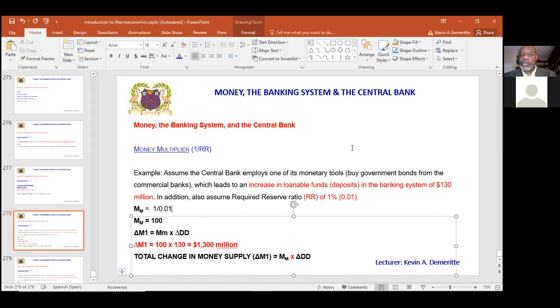If you are not sure, let's say you want to know what 15% is. If you take that 15 and you divide it by 100, that tells you it is 0.15. If you have 20% and you want to know what that is as a decimal, you divide by 100, it becomes 0.20.